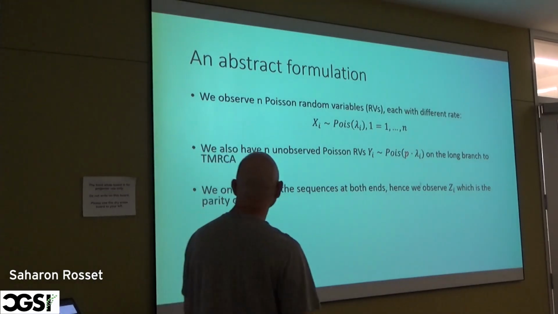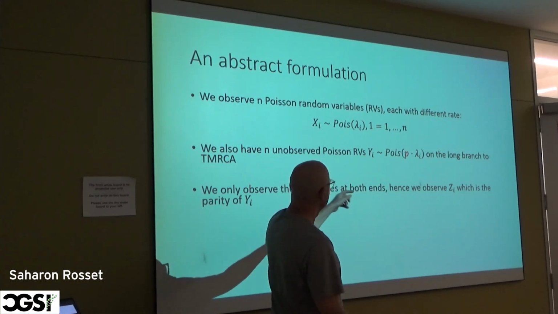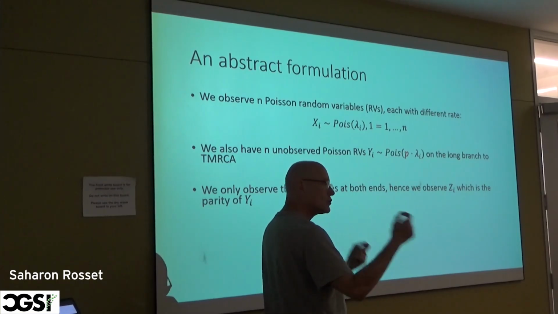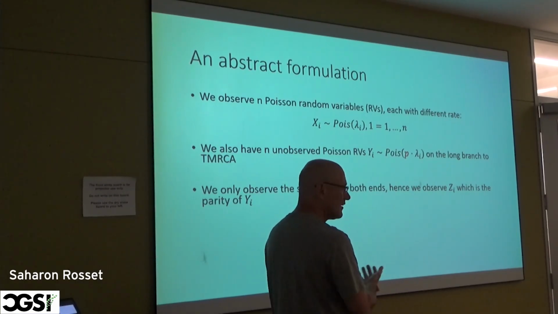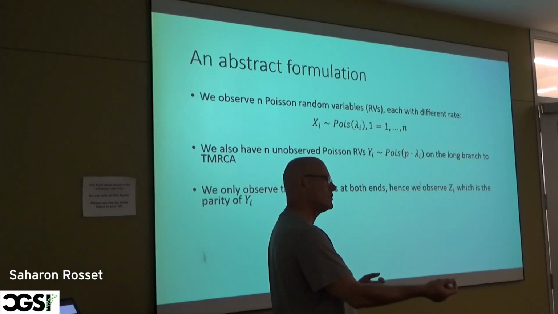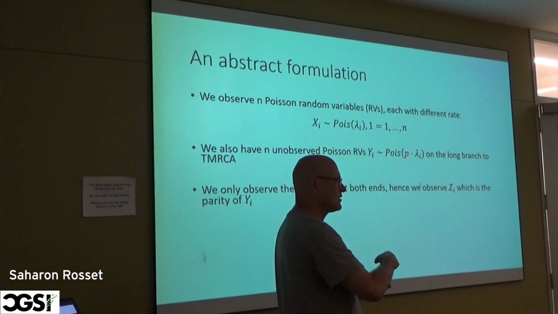So that means that by definition, what we see when we compare the two sequences, binary sequences, transitions only, is the parity of the Poisson. If an even number of mutations have happened, we are back to the original state.